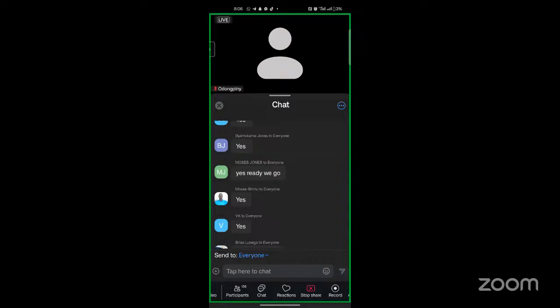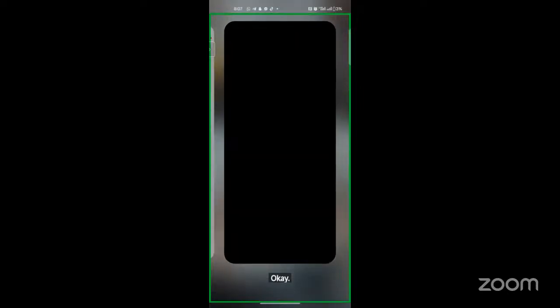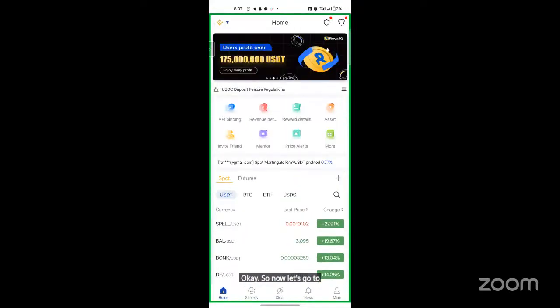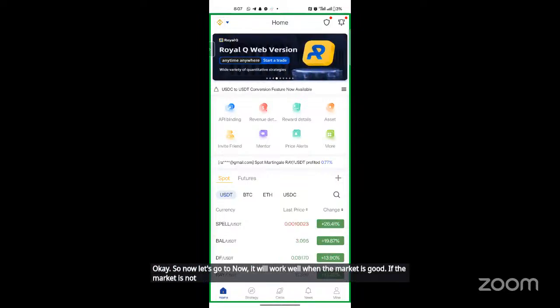Just a minute. Let me share the signal, then we move. Okay. So now let's go to it. It will work well when the market is good. If the market is not, then you may find us not winning.